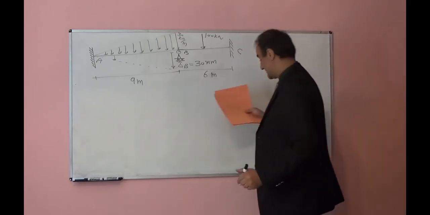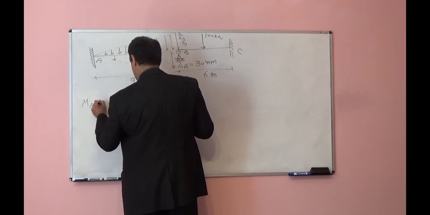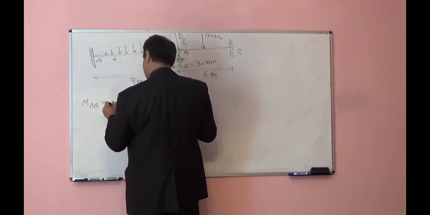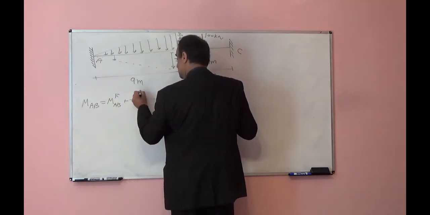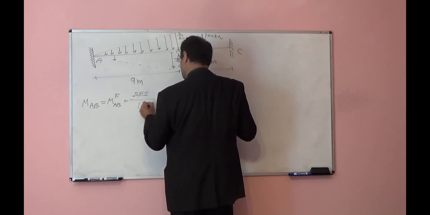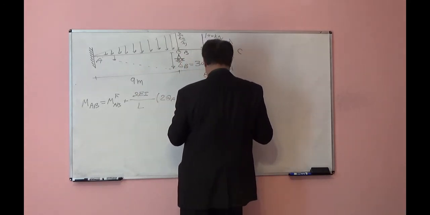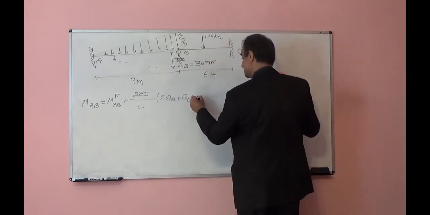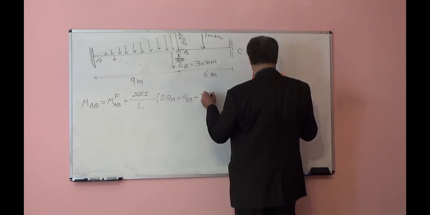Then let's write the slope deflection equations. M AB will be M fixed AB plus 2EI over L times 2 theta A plus theta B minus 3 delta over L, or I can write 3 psi AB.